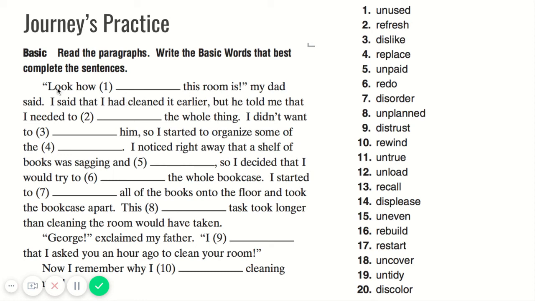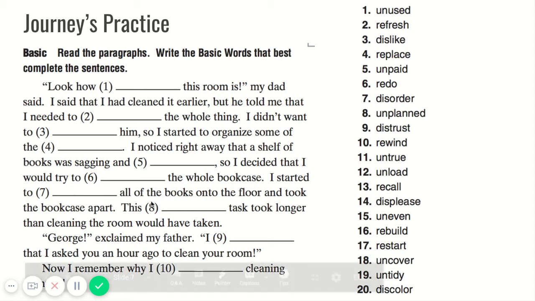So this says, look how this room is, my dad said. I said that I had cleaned it earlier, but he told me that I needed to the whole thing. I didn't want to so I just started to organize some of the I noticed right away that a shelf of books was sagging, and so I decided that I would try to the whole bookcase.